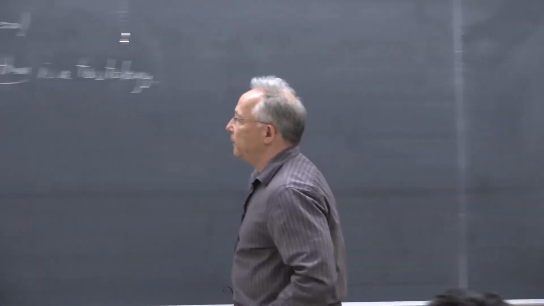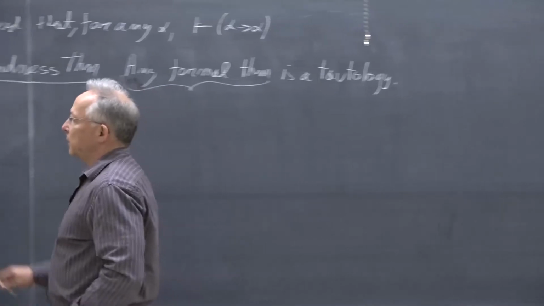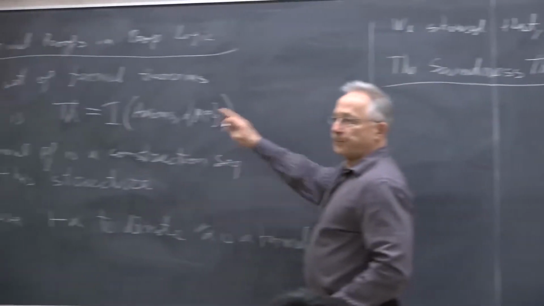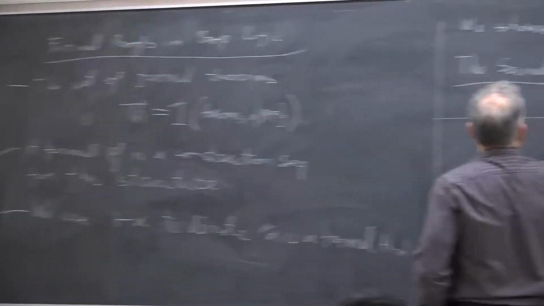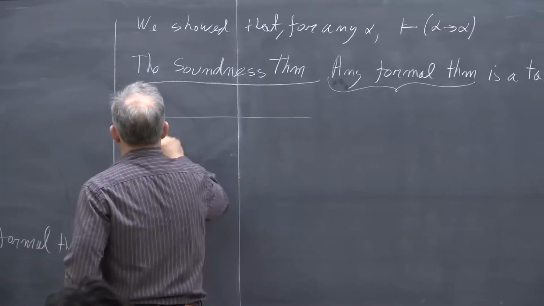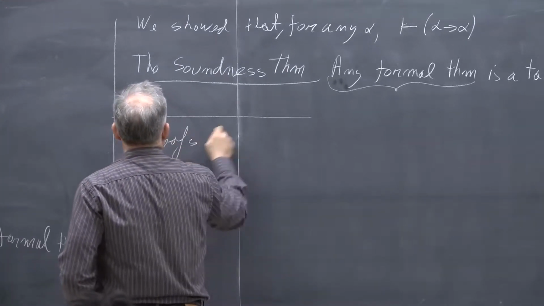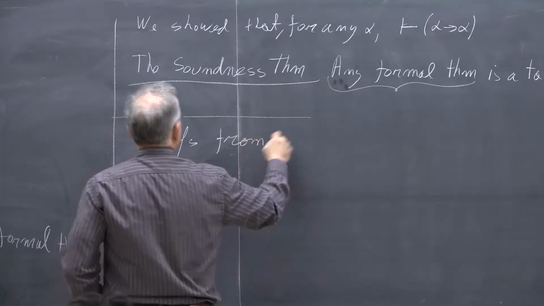What I want to do now is extend this notion of formal proofs to something very natural, and this is proofs from assumptions.